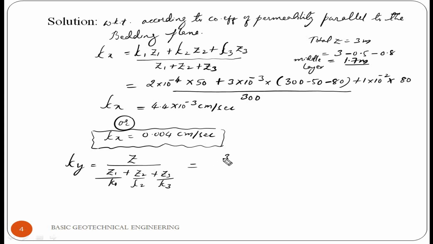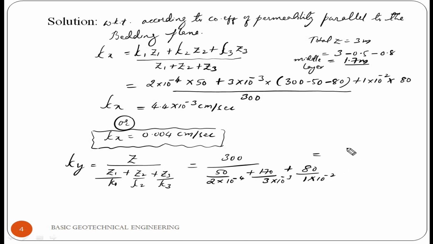Substituting the values, it is Z1 50 divided by 2 into 10 to the power of minus 4 plus Z2 170 divided by its coefficient of permeability 3 into 10 to the power of minus 3 plus 80 divided by 1 into 10 to the power of minus 2.